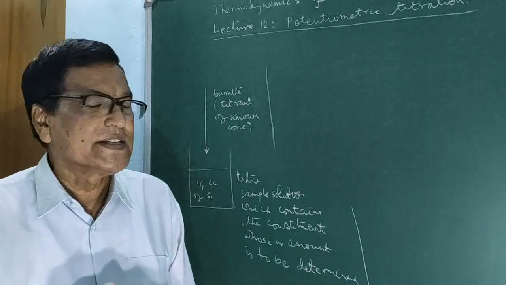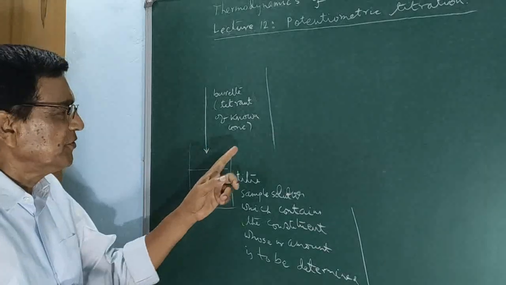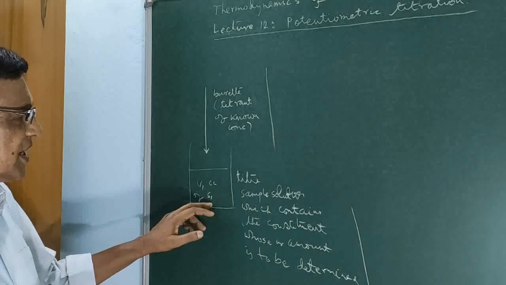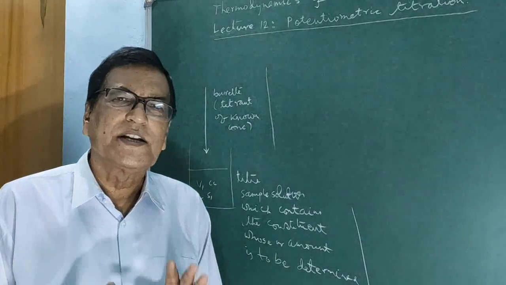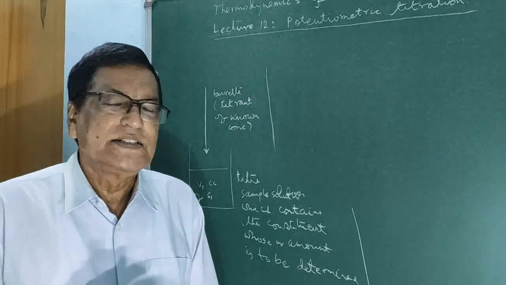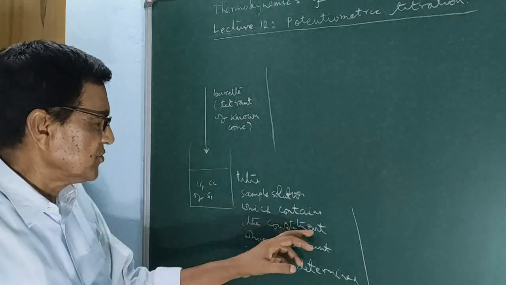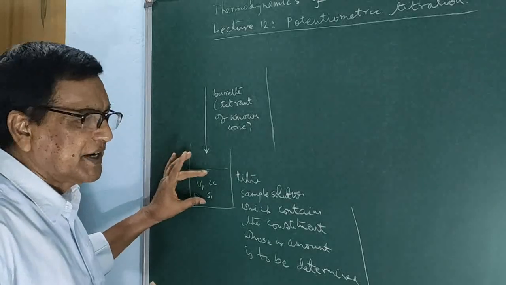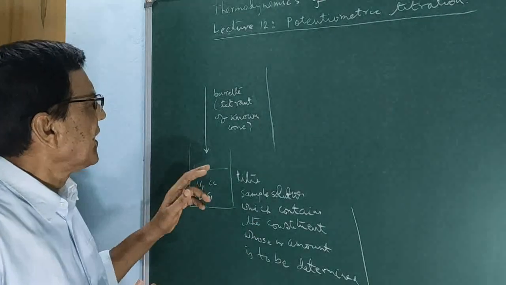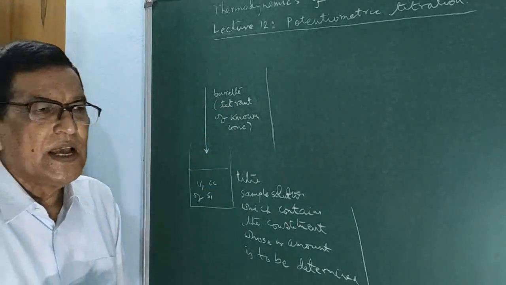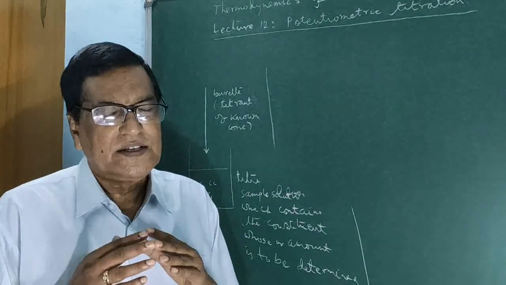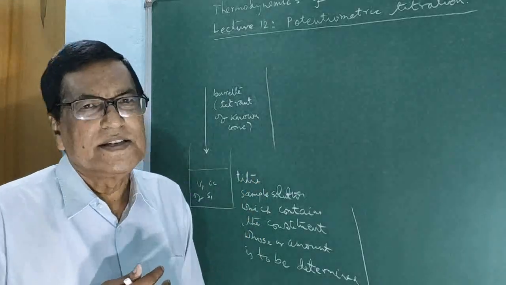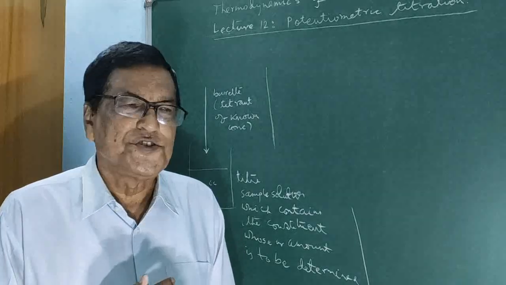In some cases, if we add some indicator from outside to this titer, then this indicator will change its color just when the substance in this titer is totally reacted with this titrant, and in this case the signal is the visual color change.